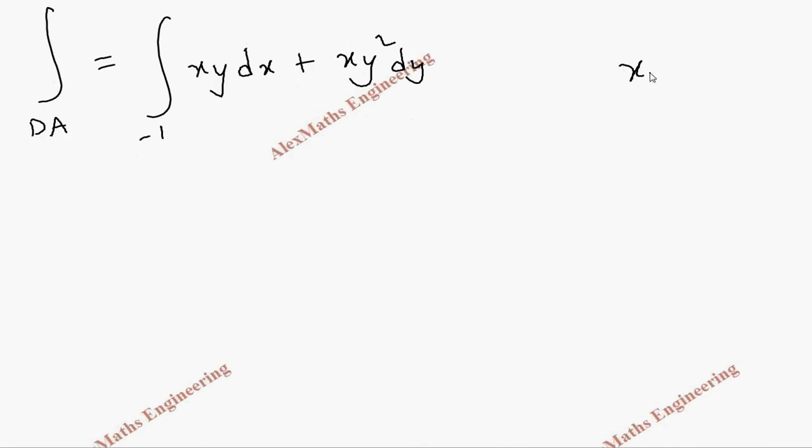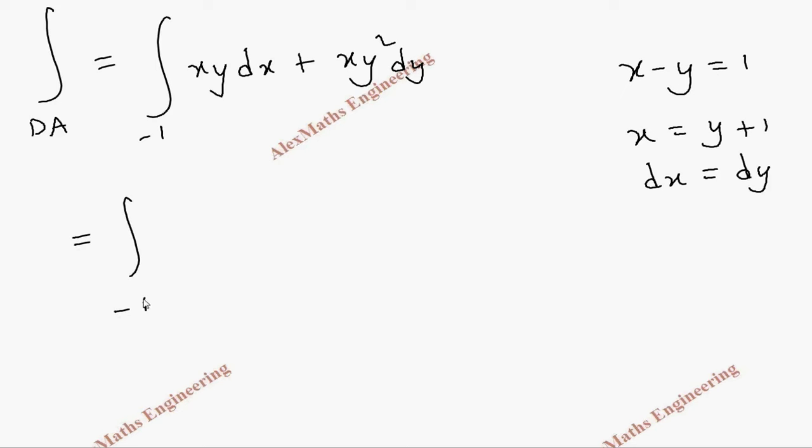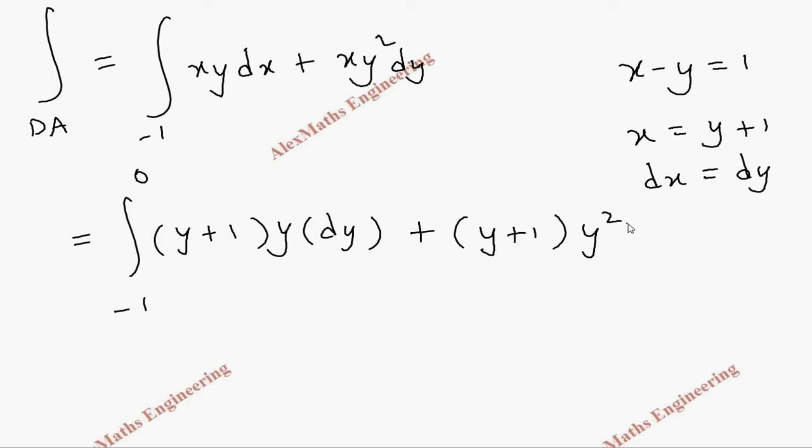From this, x is y plus 1. So dx is dy. When we replace, it becomes x, which is y plus 1, into y dy. Again, x is y plus 1, then y square dy as it is.